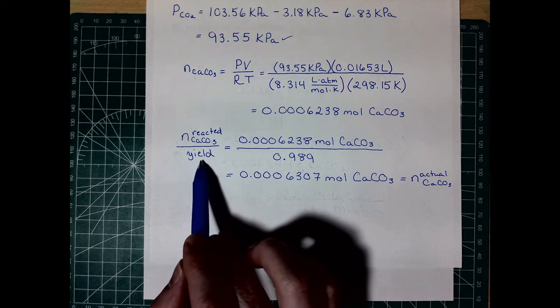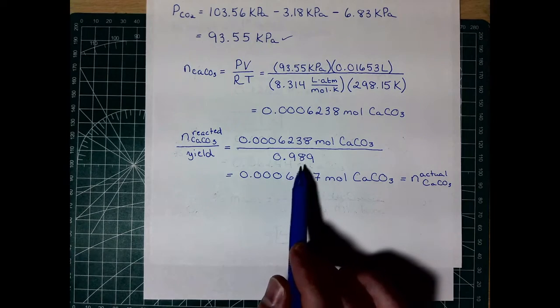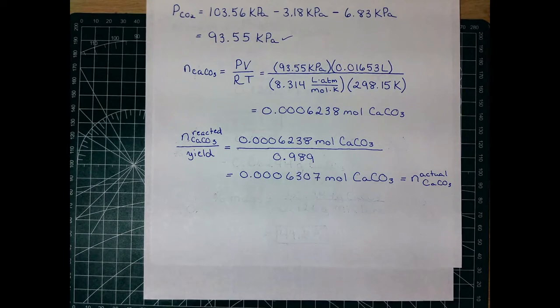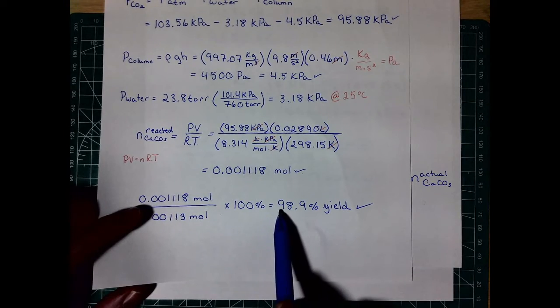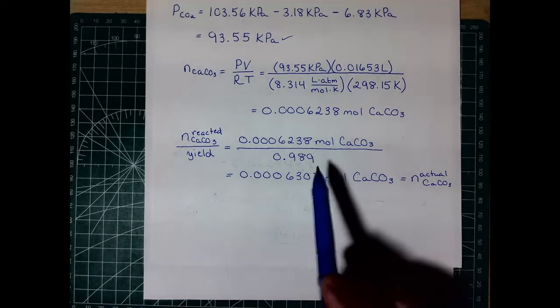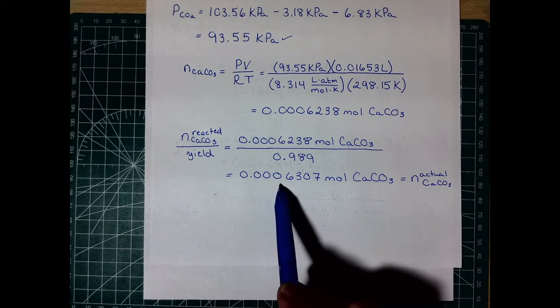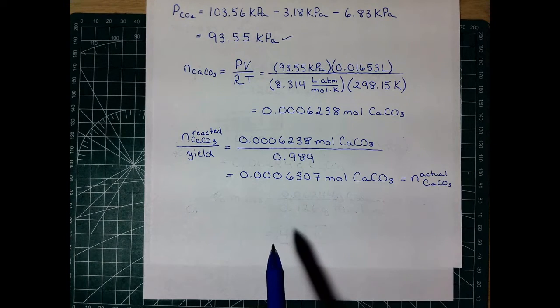I've just written that as dividing by the yield, and I'm dividing by 0.989 because 98.9% as a decimal is going to be 0.989. And after making that little correction, I get this many moles of calcium carbonate.